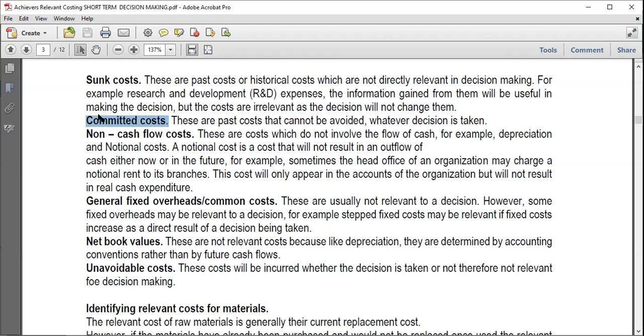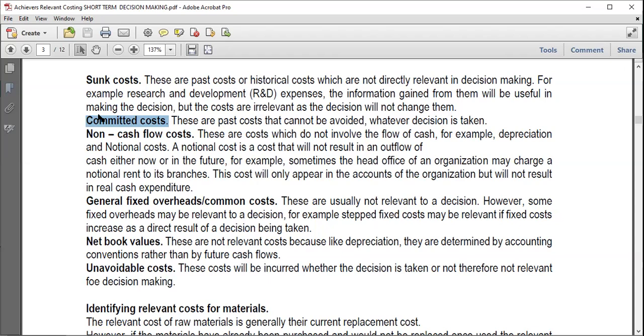When you switch to another telecom provider, or you do away with that service, maybe installing your own internal system to provide the same service, the other will already be a committed cost. You already committed yourself by signing that contract.